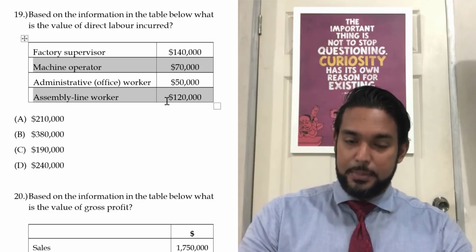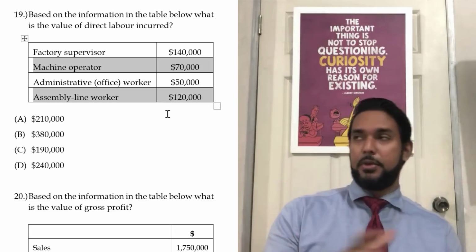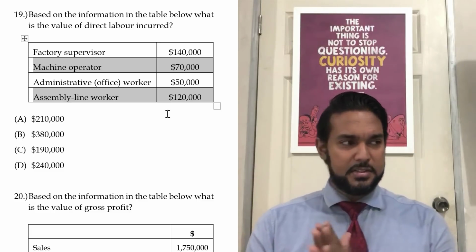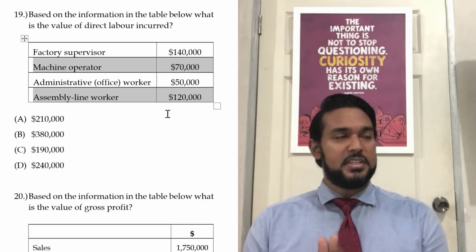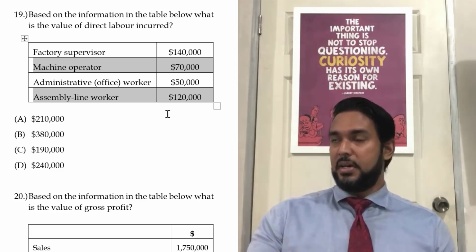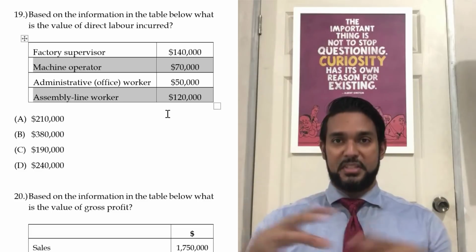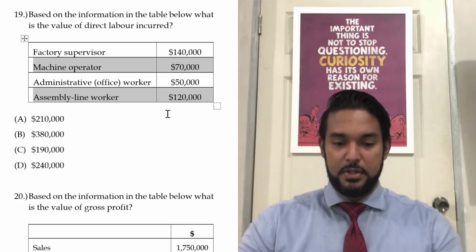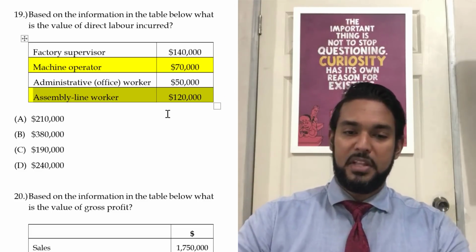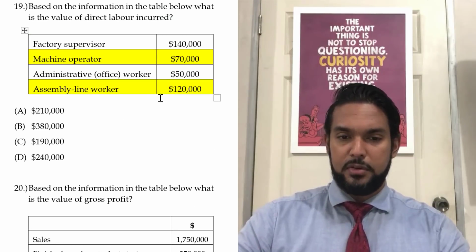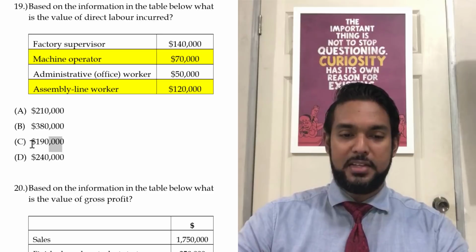Assembly line workers: an assembly line is a conveyor belt, a moving belt, and on it you have parts of the product and people have to do things to it to put it together or to finish it. So those two types of labor are directly involved in the production of finished goods. Oh, sorry, I have to add them. That's going to give us 190.